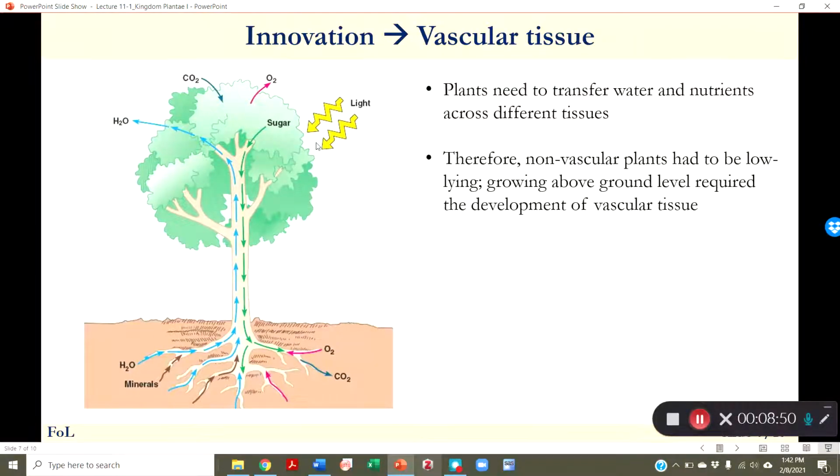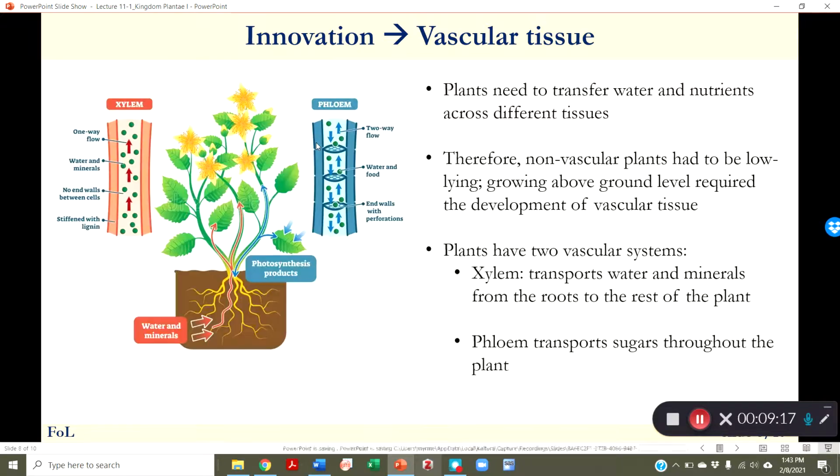Before there was vascular tissue, you just have these creeping plants because they can't stand up and still transport all those nutrients and water. And you can think about that as being really true, because the force of gravity can keep that from happening unless you have specialized tissue to deal with it.